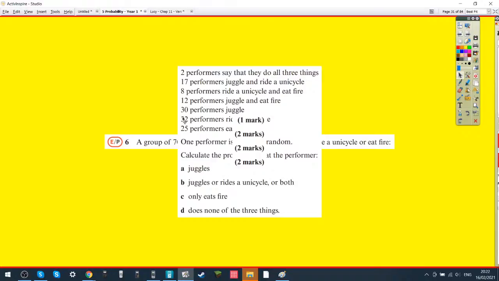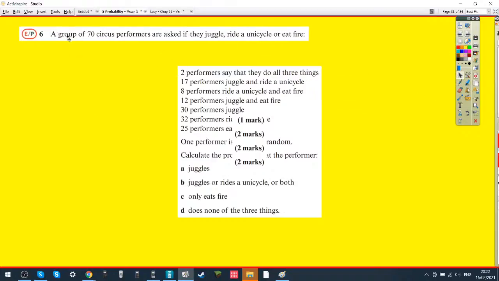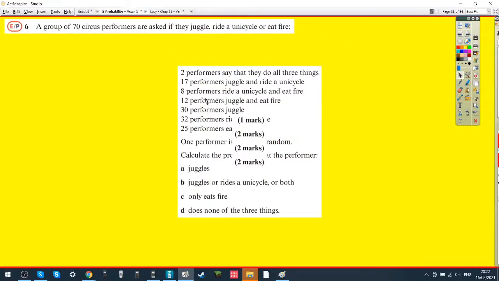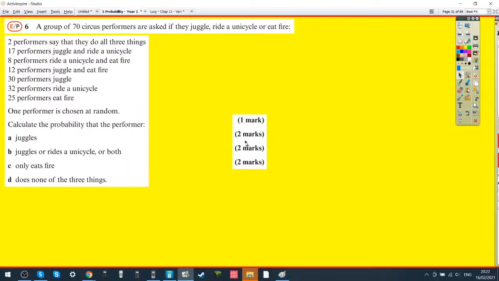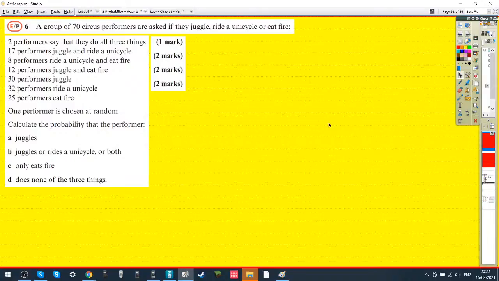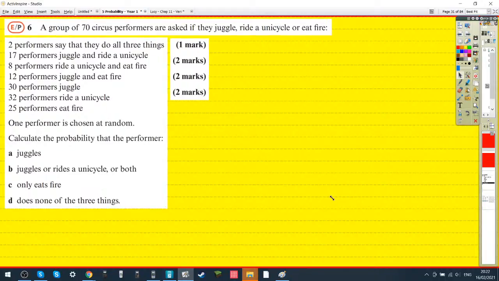Okay, this one. Is this one worth doing? Probably. Alright, go for it.